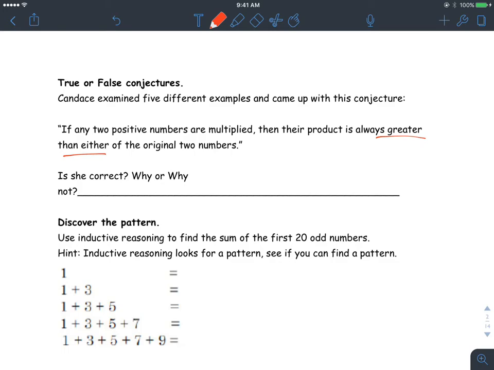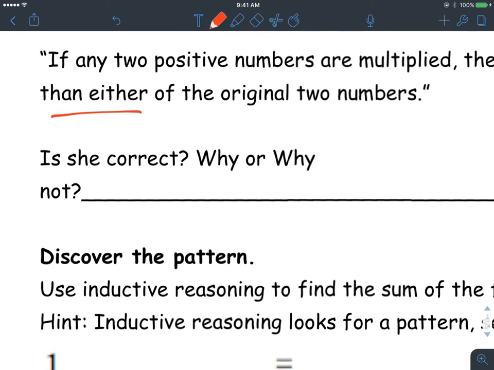So is she correct? I'm going to say no here, because partially I know why, but at the same time, we're going to come up with this thing called a counterexample.